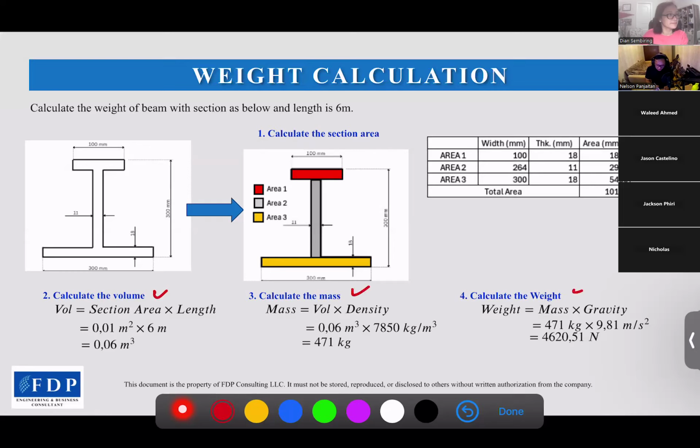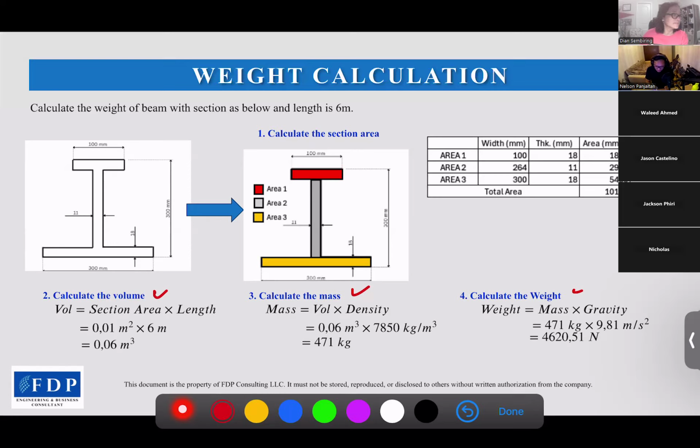But to get the volume, it's a bit tricky because there are 3 sections here. It's not actually 3 sections. It's 1 section. But to calculate the section area, I spread it into 3 section areas.